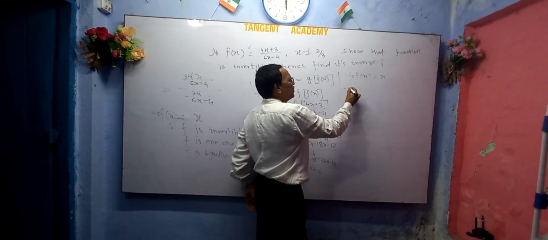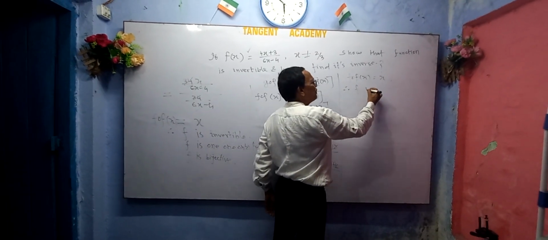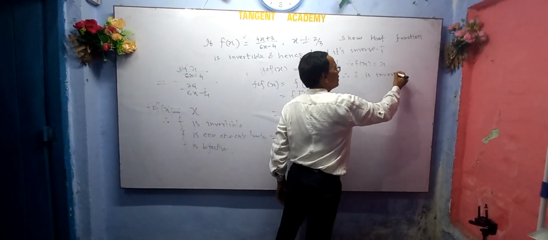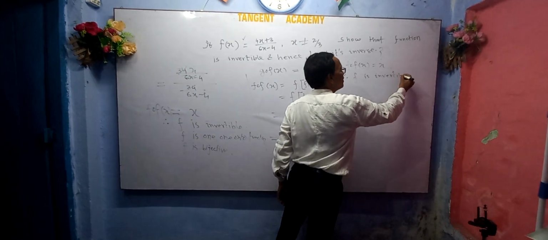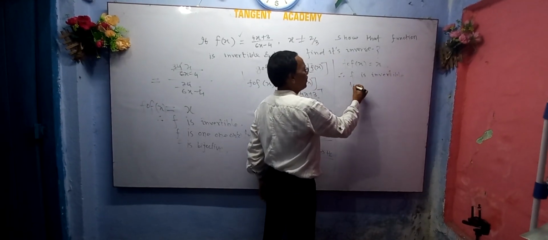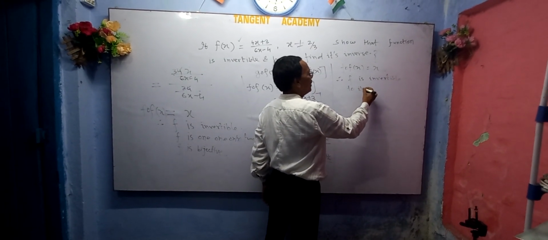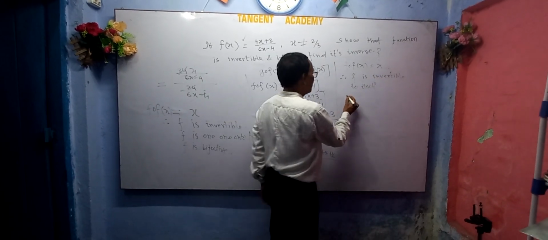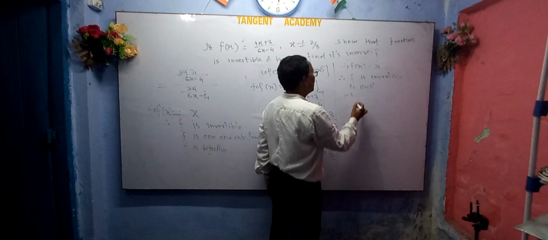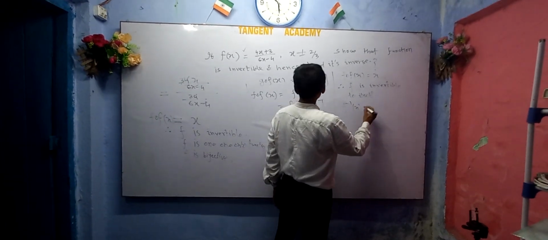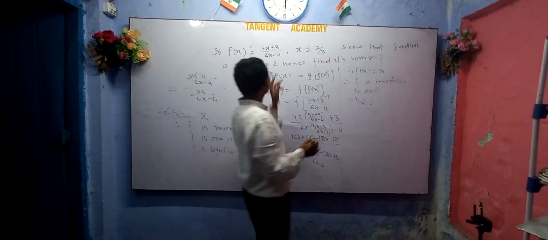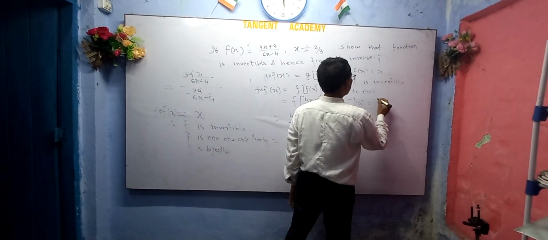Therefore f is invertible to itself, and its inverse, f inverse of x, can be written the same as the given function, (4x plus 3) by (6x minus 4).